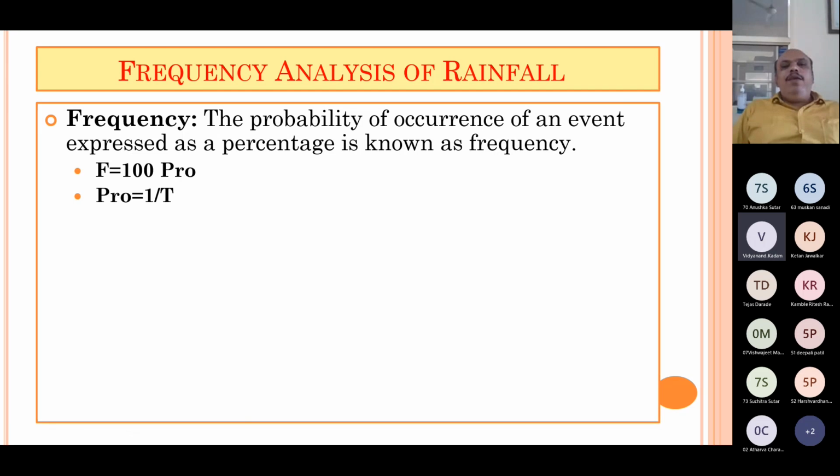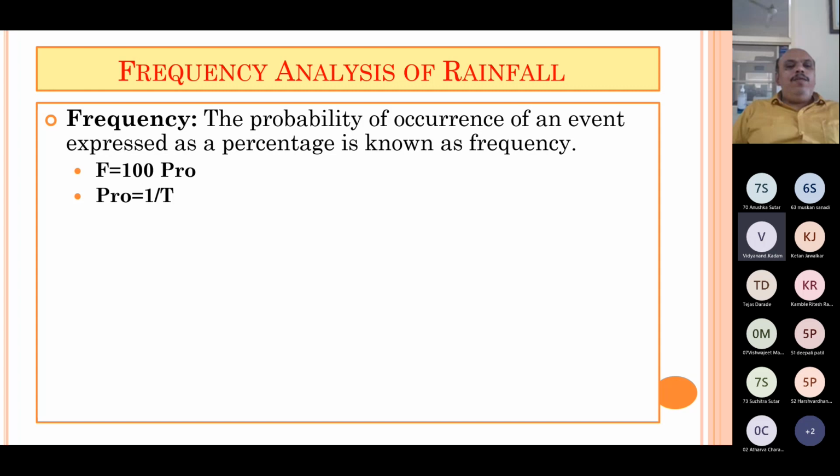What is frequency? The probability of occurrence of an event expressed as a percentage is known as frequency. So frequency is equal to 100 times probability. And how is the probability worked out?